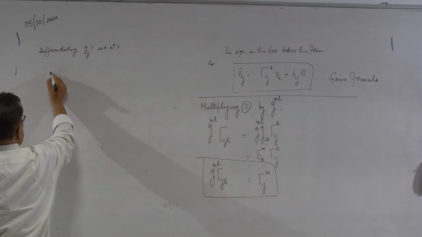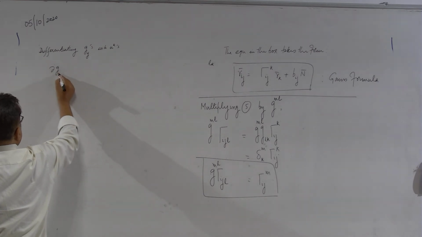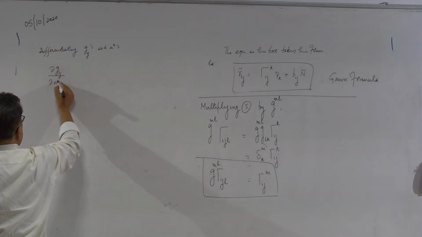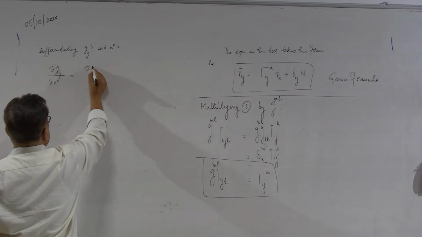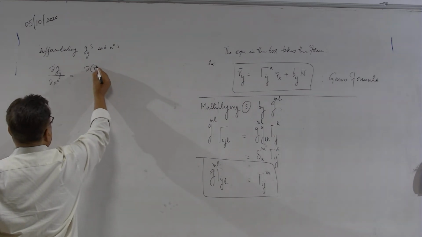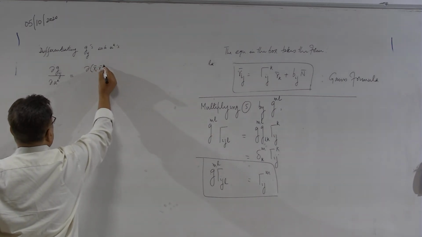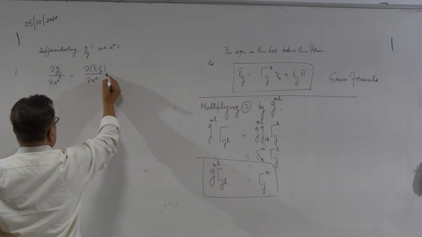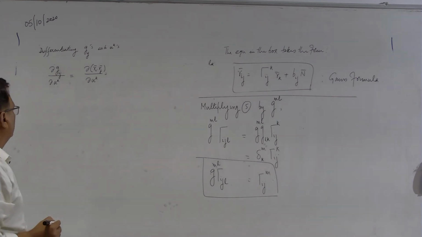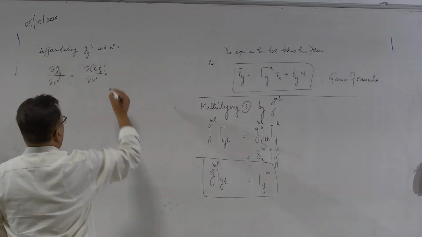So, first of all I will differentiate g_ij with respect to u_k and see what happens. You can write down these g_ij as r_i dot r_j. With respect to u_k, you will differentiate by product rule.